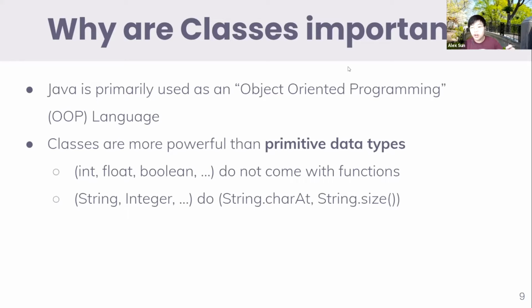It stores one very small thing, and there are no special functions. But when we use the String class, or a wrapper class like Integer, we can do string.charAt, string.length, that's a typo, I apologize, or Integer.toString. You have all of these special functions that are so much easier for the user to use. So classes are very important.